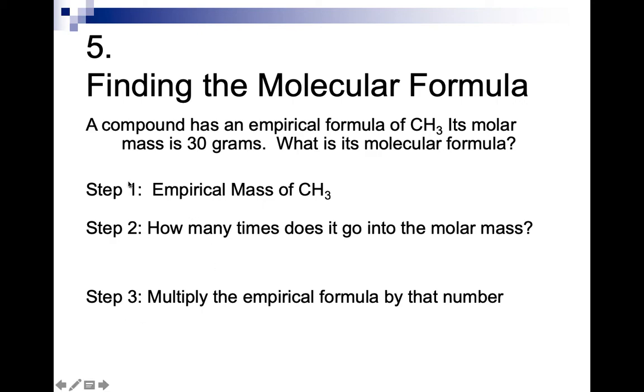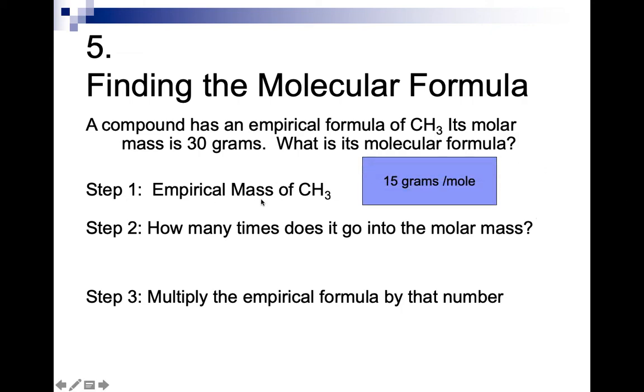So there's a couple steps that I want you to follow. Step 1 is to first find the empirical mass of CH3. Then calculate how many times it goes into the molar mass, and step 3, multiply the empirical formula by that number. So let's take it step by step. Okay?